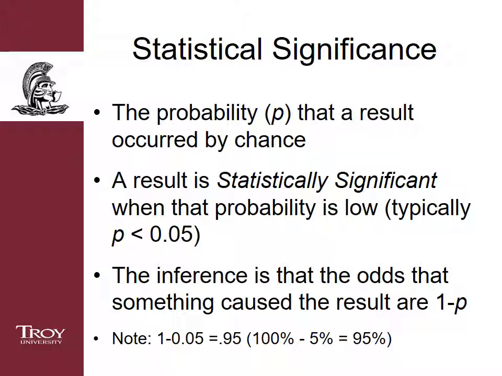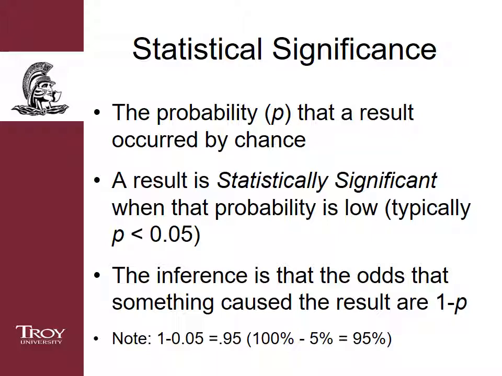There are a lot of different definitions out there, but it comes down to the probability that a result, something we've seen in the data, occurred by chance. Right? And very often we have this P, and I usually italicize it. That's the probability. And we say that a result is statistically significant when that probability is low.